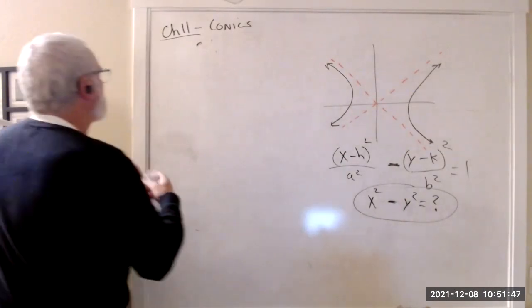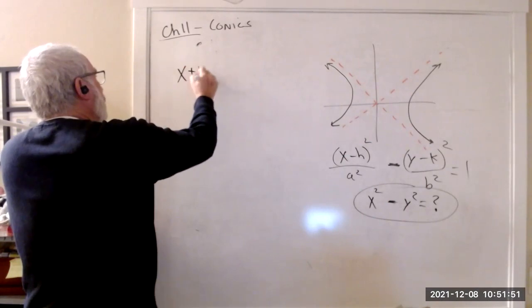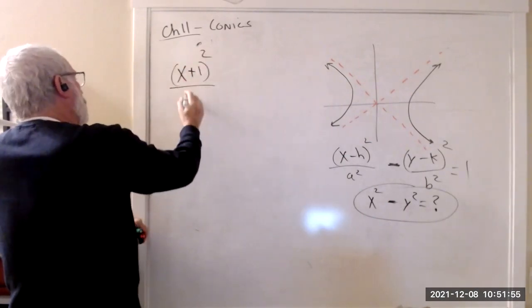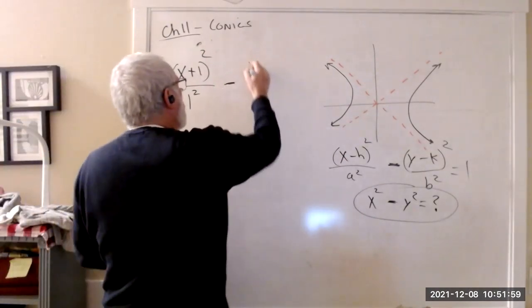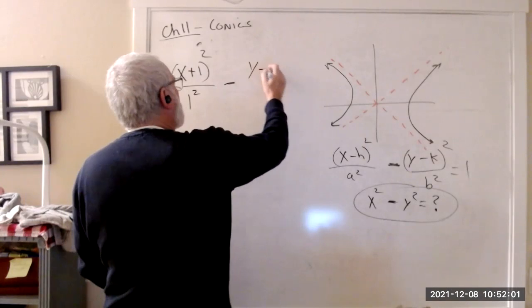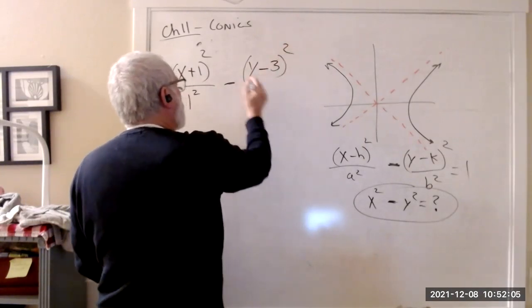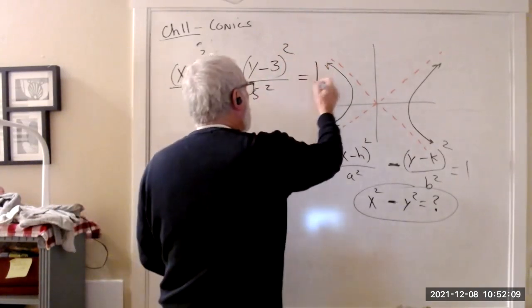Suppose we had x plus 1 quantity squared over 1 squared minus y minus 3 squared over 5 squared equals 1.